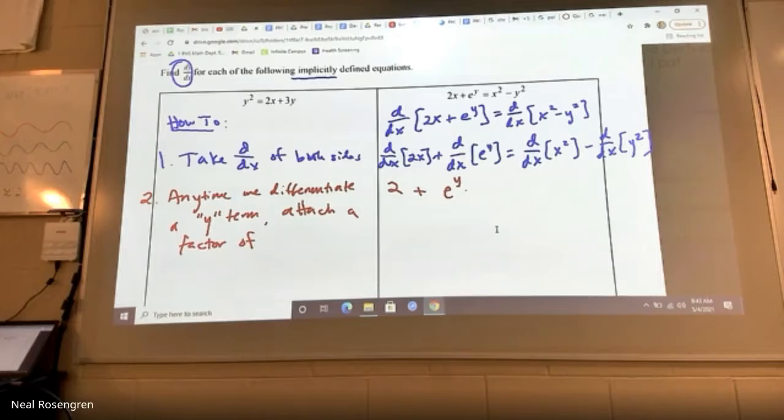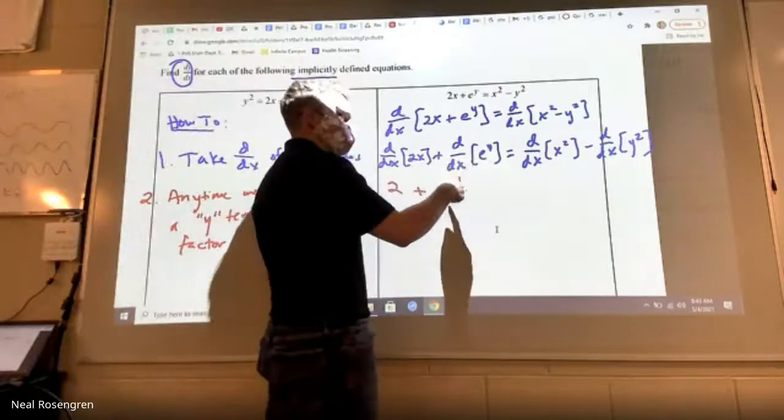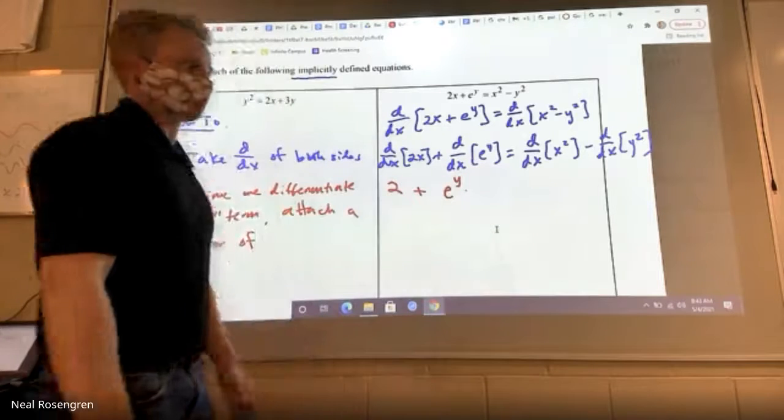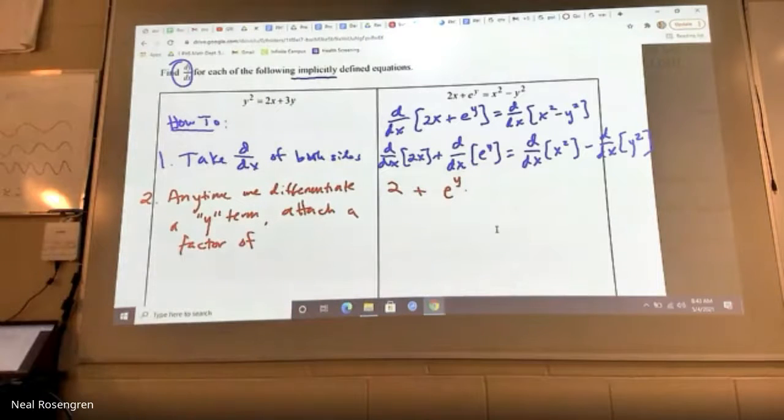What is the derivative of y with respect to x? Because that's the exponent. The derivative of y with respect to x is whatever I need to multiply here, because it's e to the f of x times f prime of x. It's just that my exponent isn't some function of x, it's literally just y.